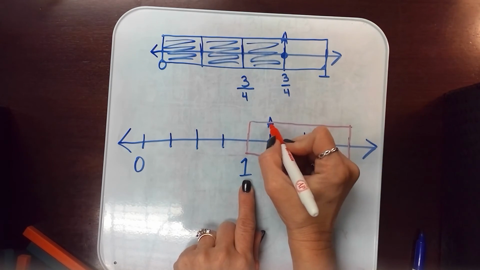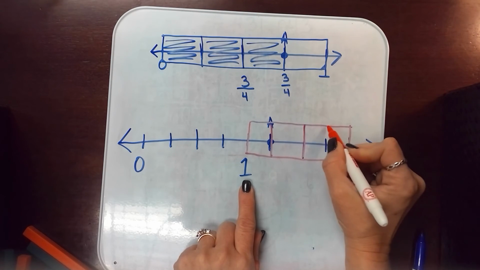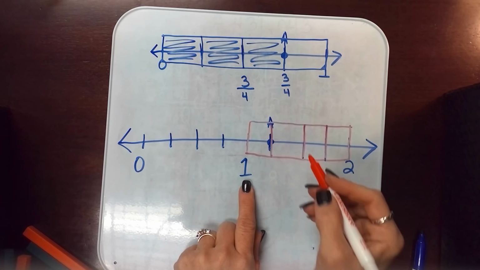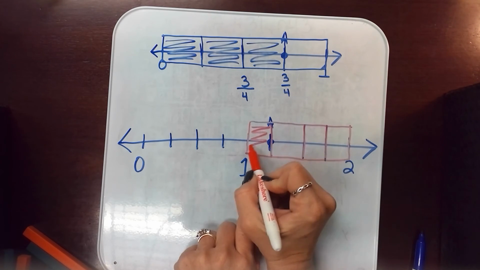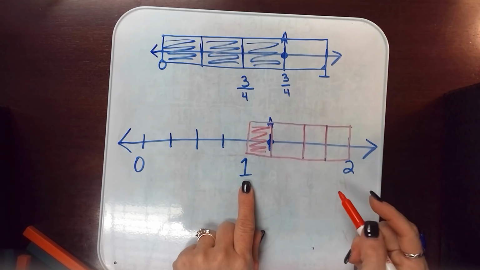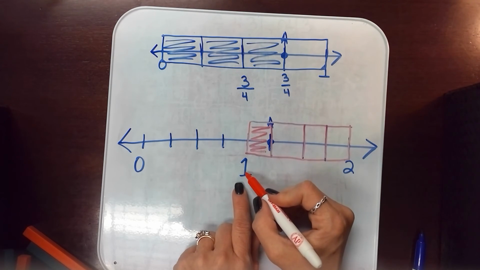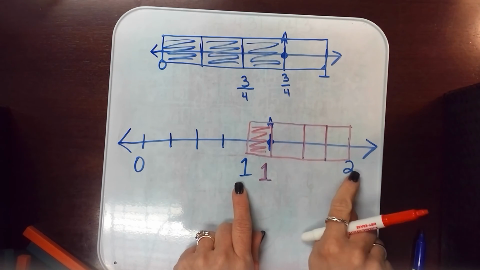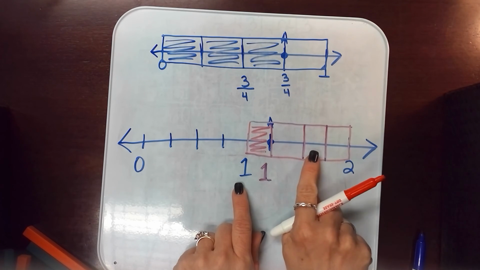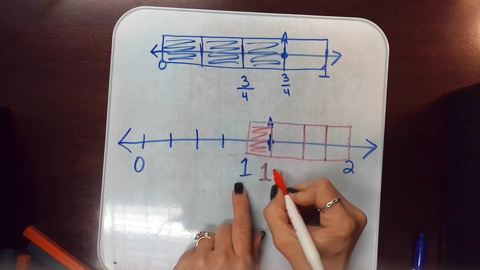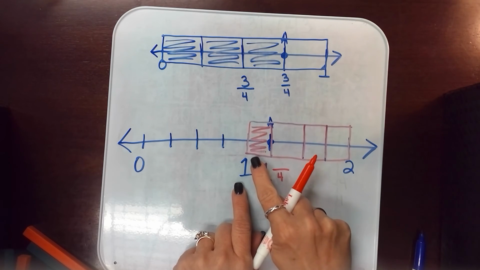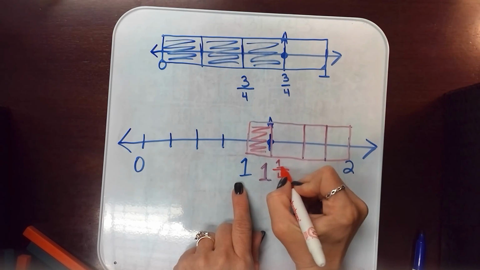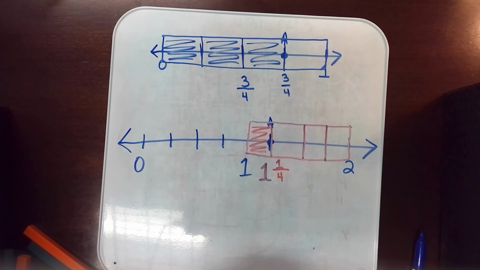I am then going to draw on the lines. I know this wasn't totally 100% accurate here. And I'm going to shade up to point A, and I can see I'm after 1, so this has to represent a whole plus the fraction. So it's broken up into 4 equal pieces, so that's my denominator, and I only have 1 part shaded, so point A is 1 and 1/4. It is a whole and 1/4 of the number line, okay?